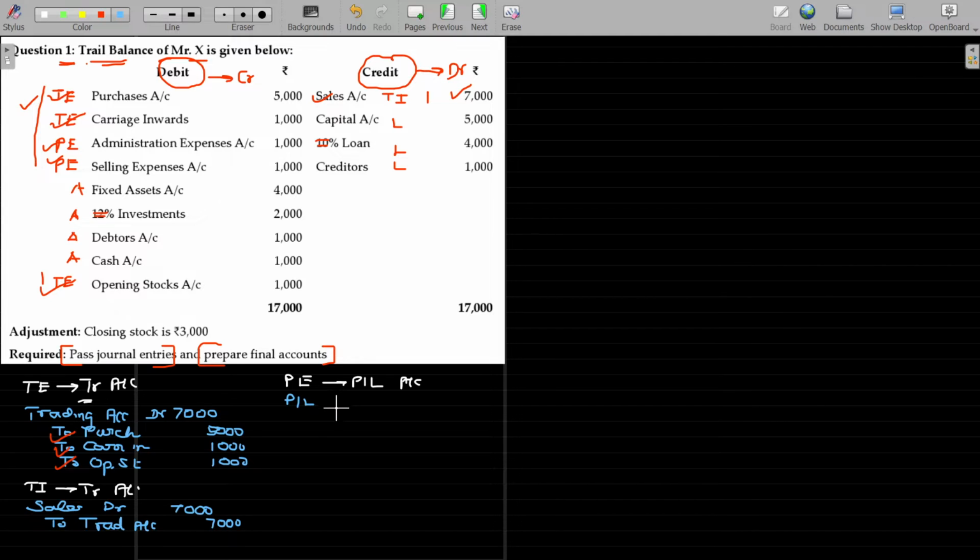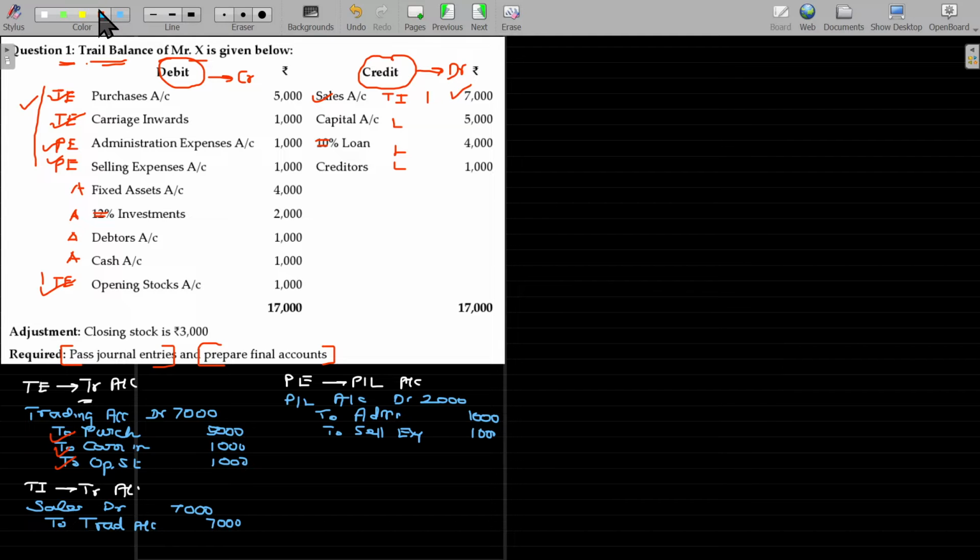The account here is the P&L account, so P&L account debit, to admin expenses, to selling expenses. Admin expenses being 1,000, selling expenses being 1,000. Overall value being 2,000 rupees.